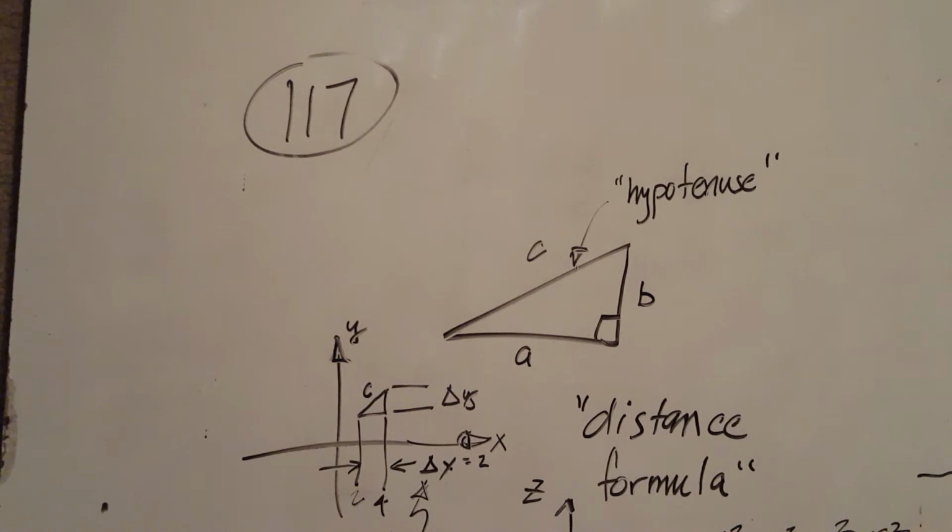So it's the sum of the squares of all 3 of your dimensions equals the radius squared. So anyway, this is the distance formula.